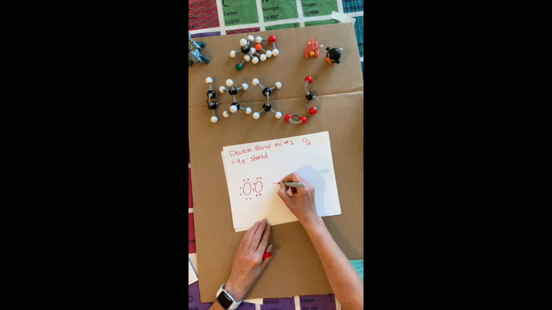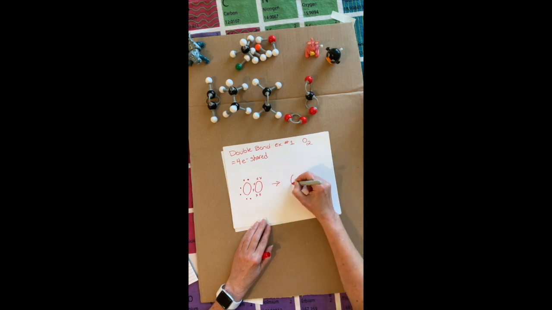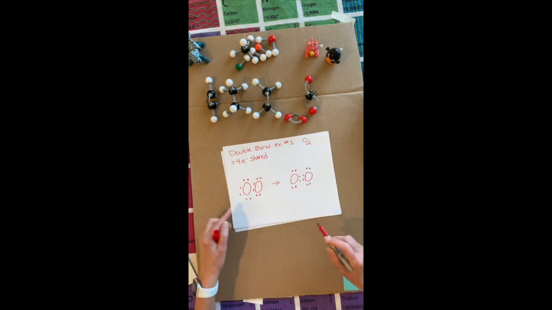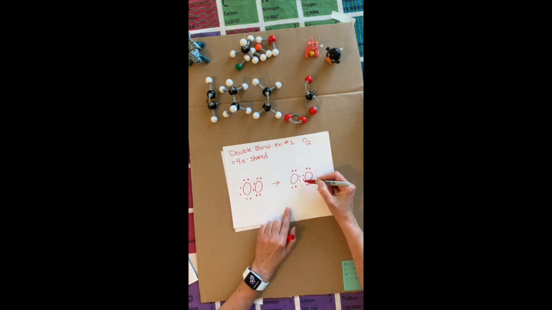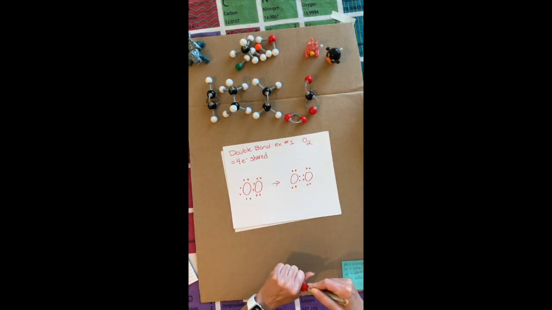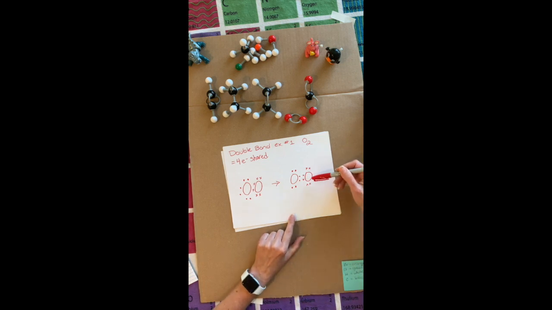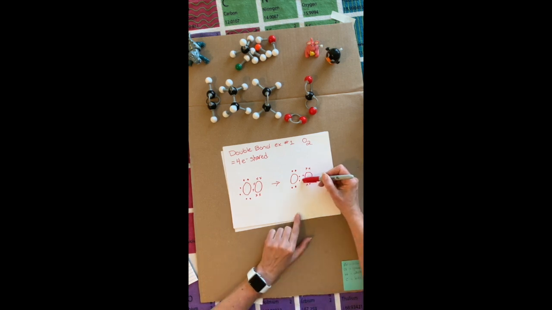So what we really need to do is, I sometimes say, throw the electrons in the middle here. So this actually would represent the double bond, as I just mentioned, because there are 4 electrons.